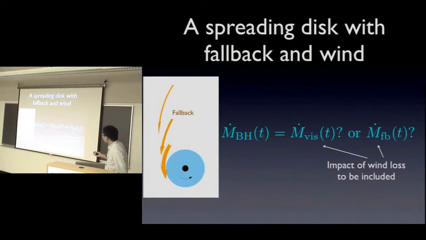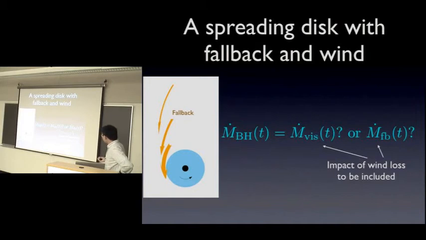So the final accretion rate onto the black hole is going to be determined by two terms. One is the viscous spreading accretion rate without considering that there is a long tail of fallback rate. The other is simply the fallback rate, which decays as t to the minus 5/3. So my central point of this talk is that the accretion rate onto the black hole is determined by whichever of those two terms decays slower than the other.